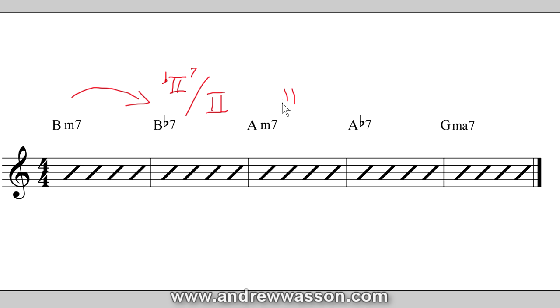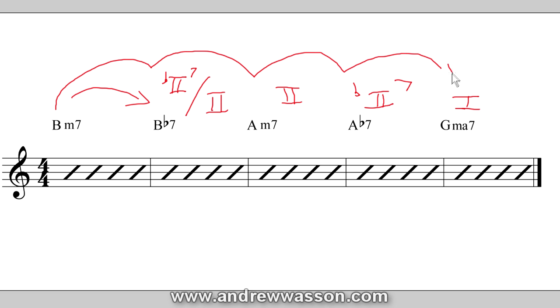And then we go to the 2 chord, and then we go to our functioning flat 2 7, and of course to the 1 chord. So this is a very cool sound because we wind up getting this long chromatic movement, B to B flat to A flat, finally down to the G there. So lots of chromatic movement in the bass. It's a very cool idea to apply and work with.